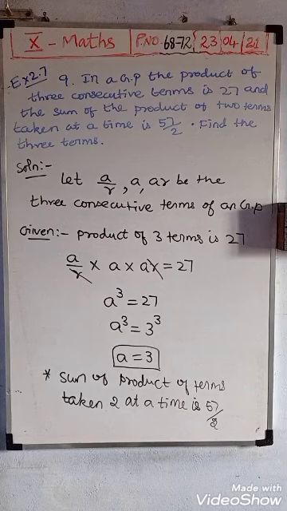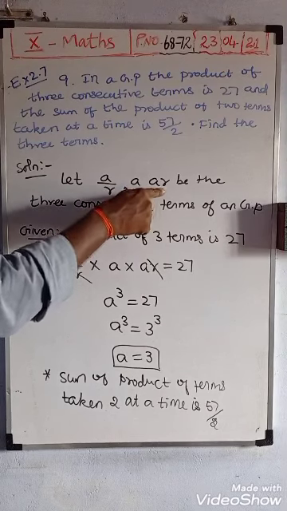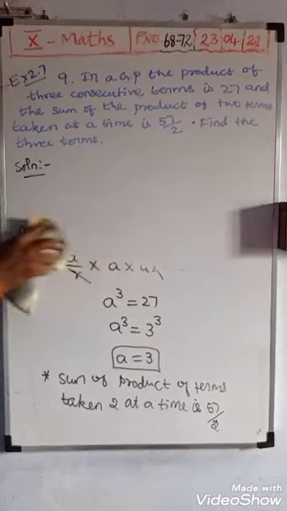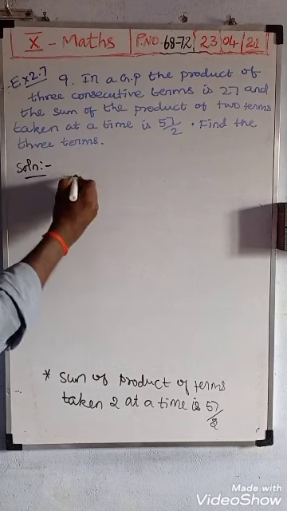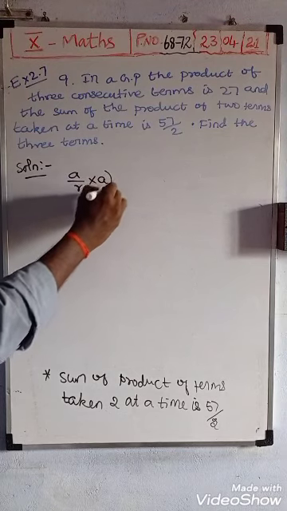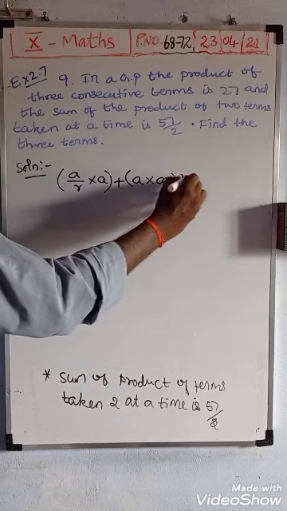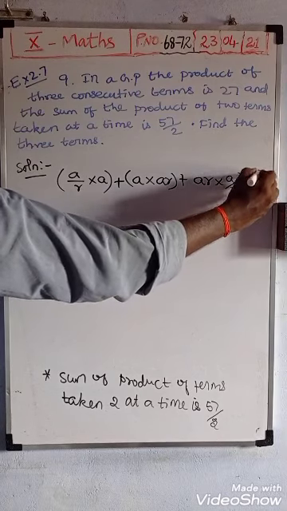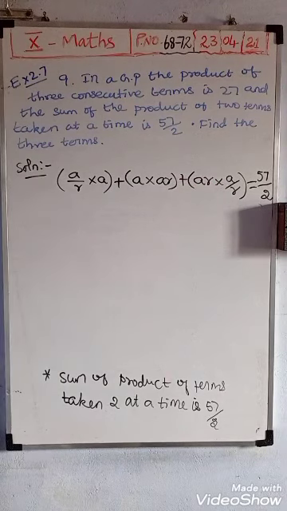Multiply two terms and add. So a by r into a, plus a into ar, plus ar into a by r, add like that, and you will receive the answer 57 by 2. That is, a by r into a plus a into ar plus ar into a by r equals 57 by 2.